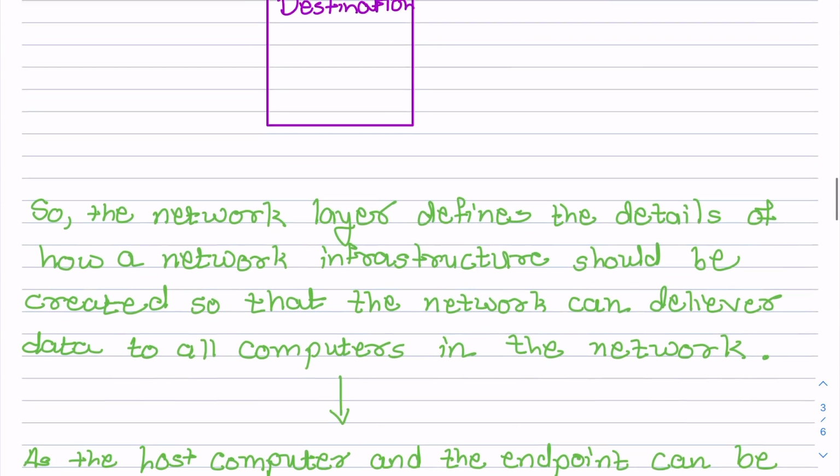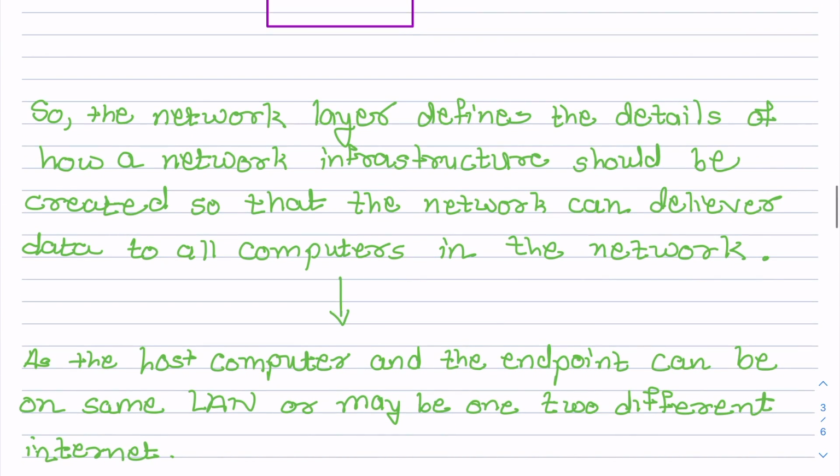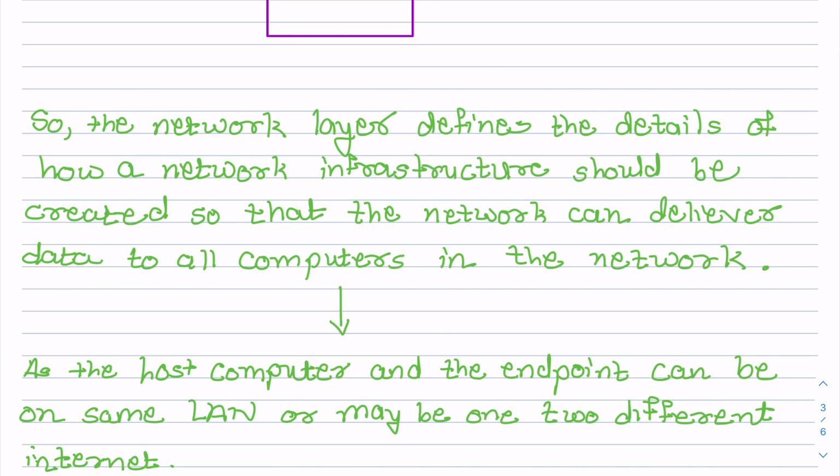The network layer defines in detail how a network infrastructure should be created so that the data can be delivered. This is what the network architect does. They create the whole network infrastructure. They know that this particular thing will go from here to there.